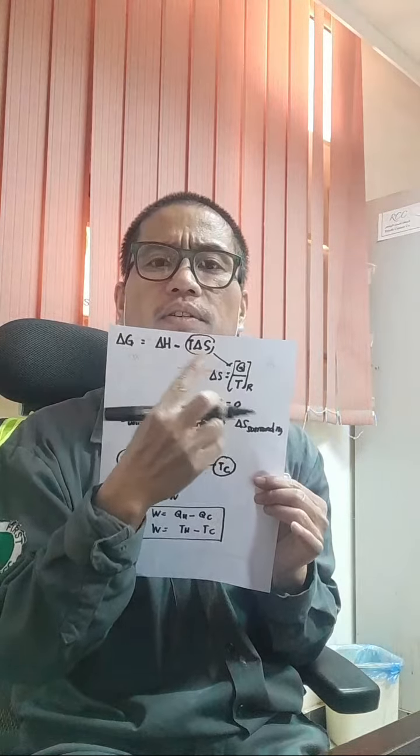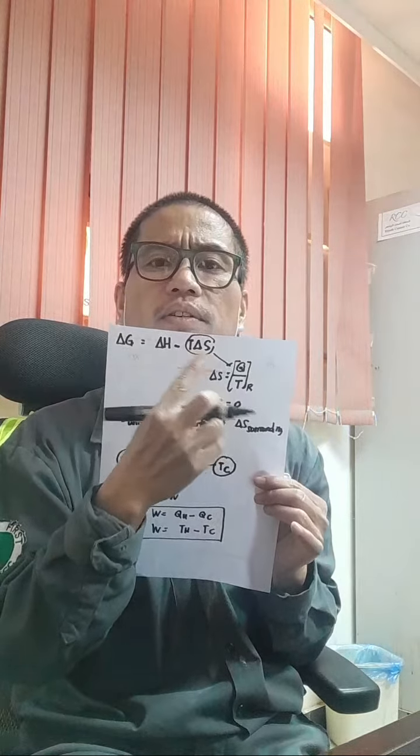This is the first law, and we have delta U is equal to the heat minus the work. This one is the first law.